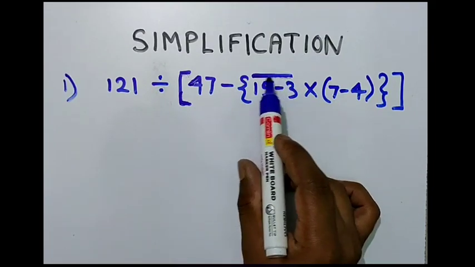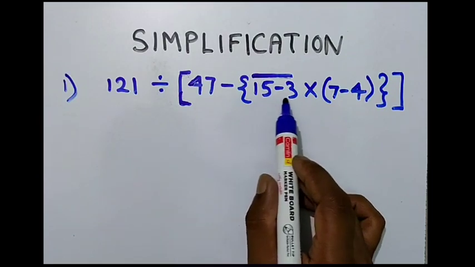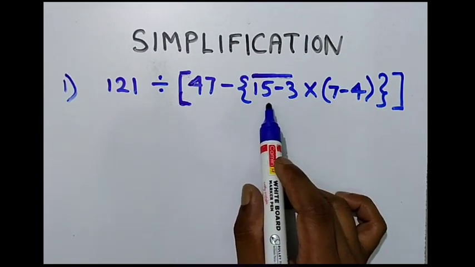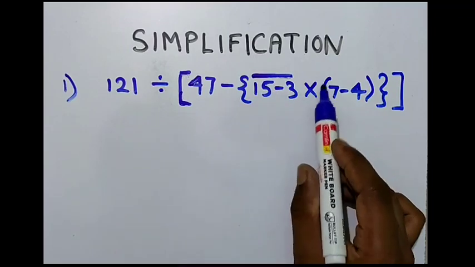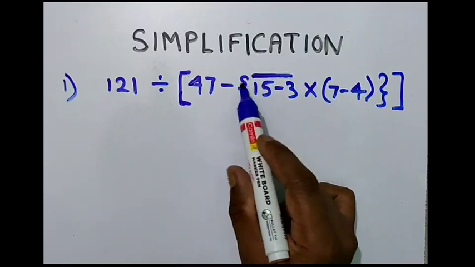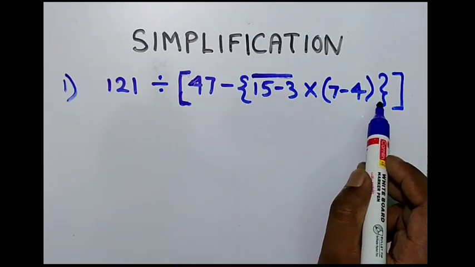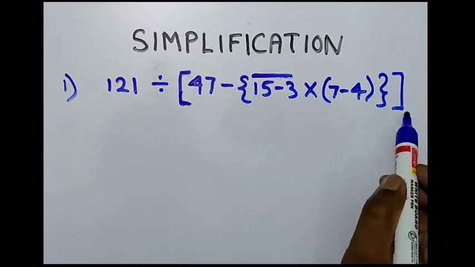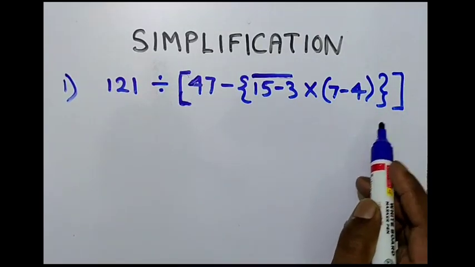This line or the bar indicates that we have to solve this operation first. Then we'll proceed to round brackets. After we complete the round bracket, we'll move to the curly brackets or the braces. And after that, finally, we'll move to the square brackets. So let's proceed.